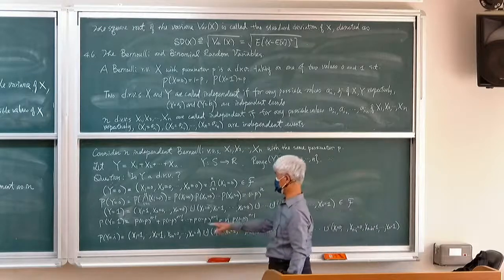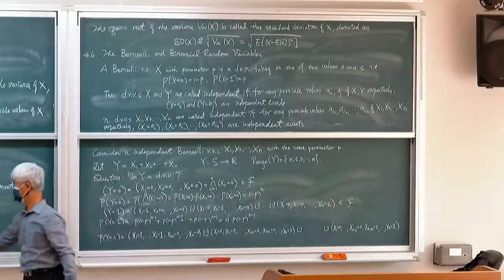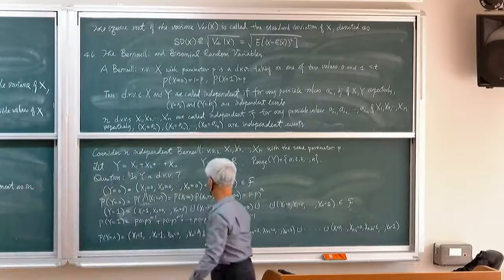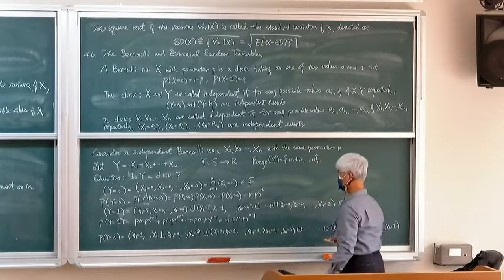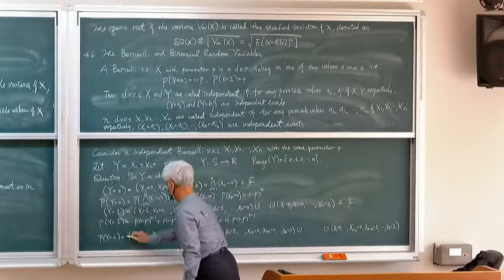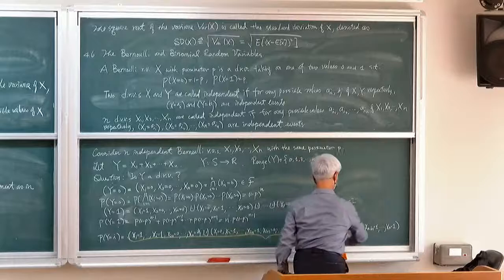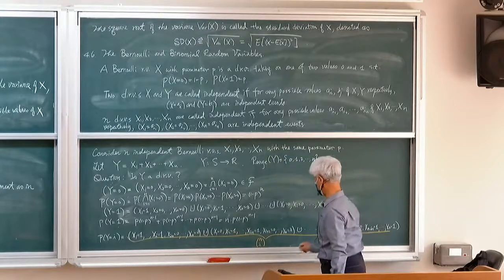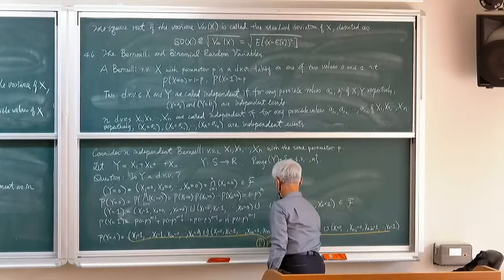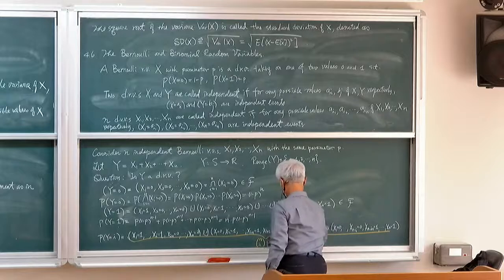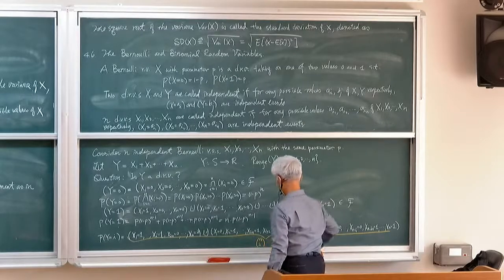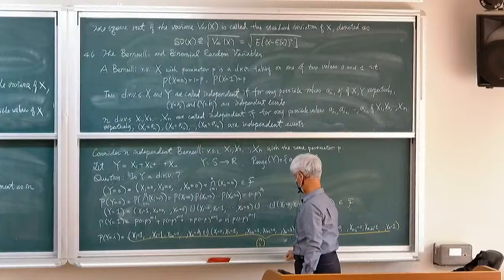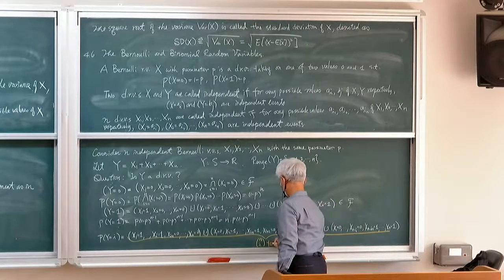So how many terms do we have? How many possible unions do we have? There are n select i possible terms in the union.